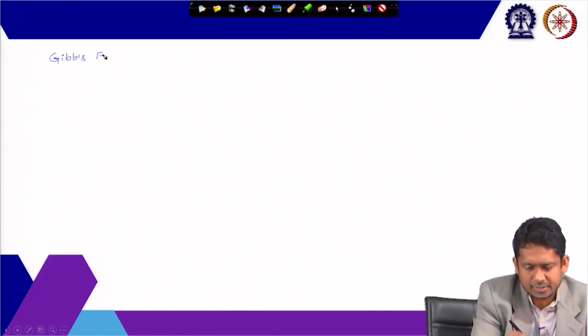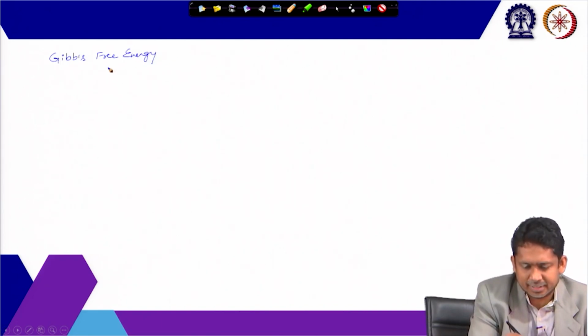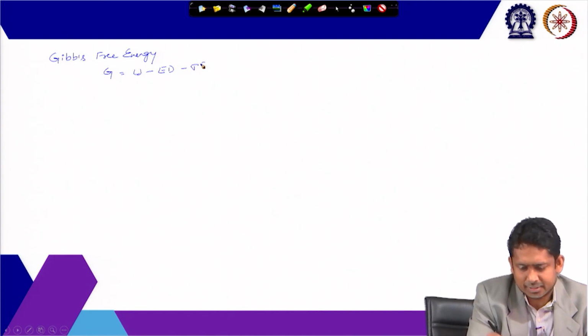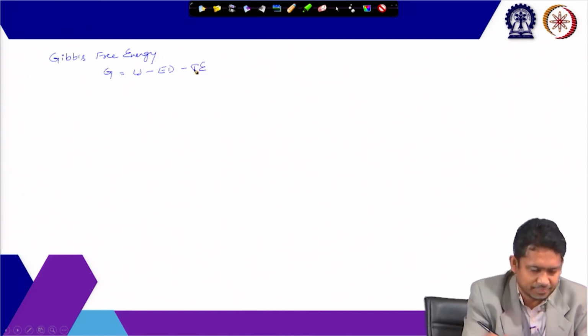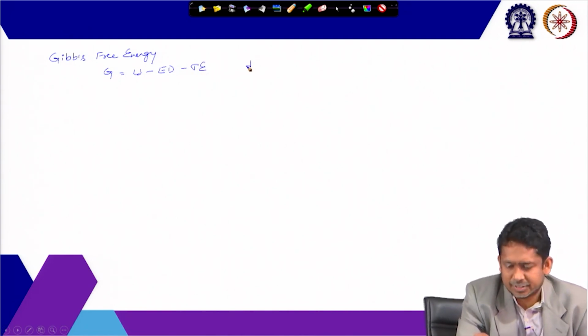Gibbs free energy. Now, we define Gibbs free energy as G equal to U minus E d minus sigma into epsilon. Accordingly, in the differential form we can write this as sigma d epsilon plus E d D minus E d D minus D d E minus sigma d epsilon minus epsilon d sigma.